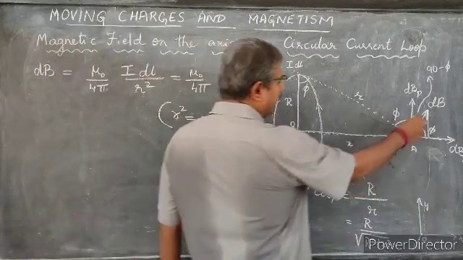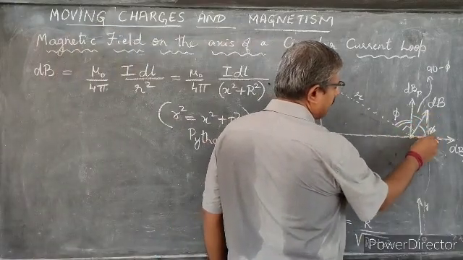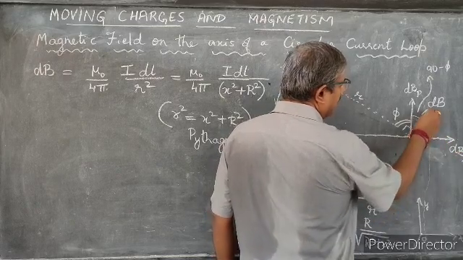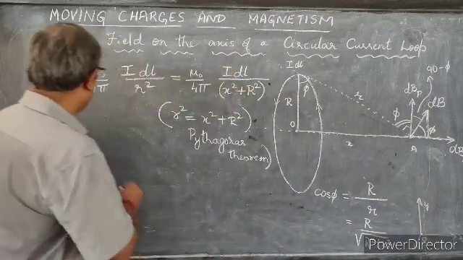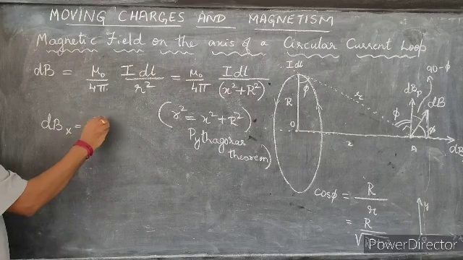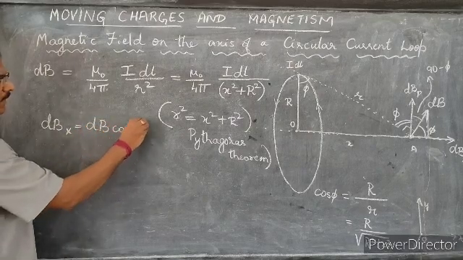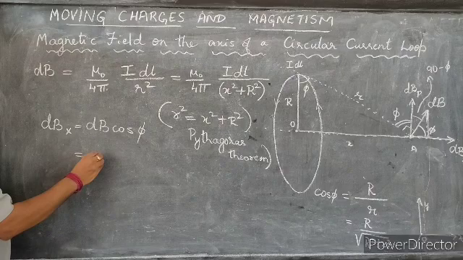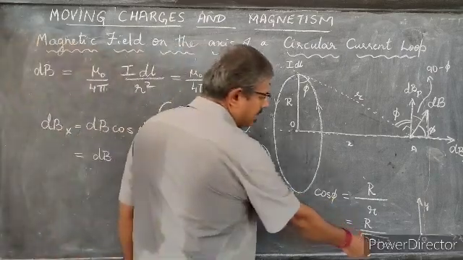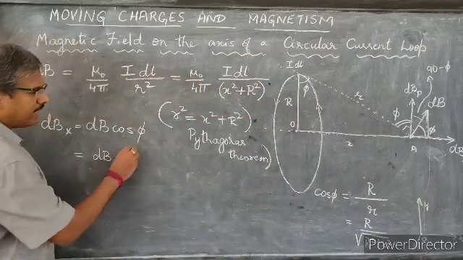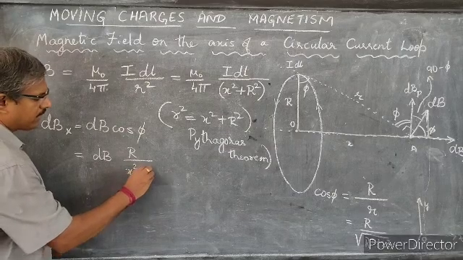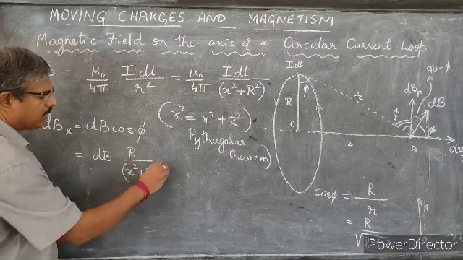Now if I consider a right angle triangle over here, I am interested in the component along the x-axis, which is dBx, and the hypotenuse is dB. So dBx can be written as dB cos phi, and dB cos phi we just resolve it as r by (x square plus r square) whole to the power of half.